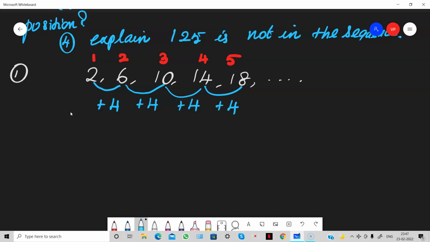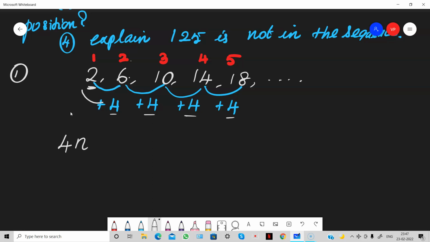How will you find the nth term? The first term is 2, the second term is 6, and the third term is 10. Here we are adding 4, so let me guess 4 times n. So these are multiples of 4.